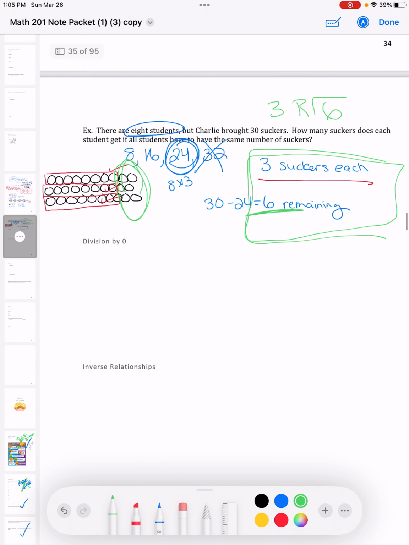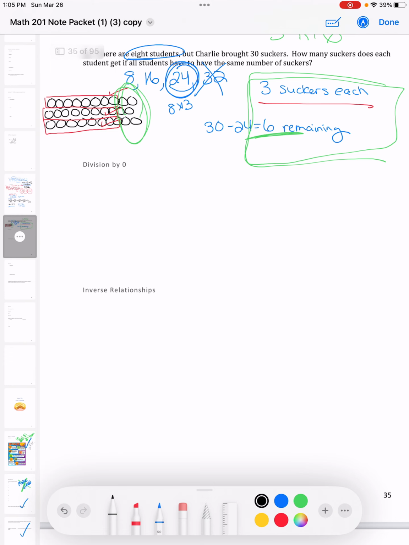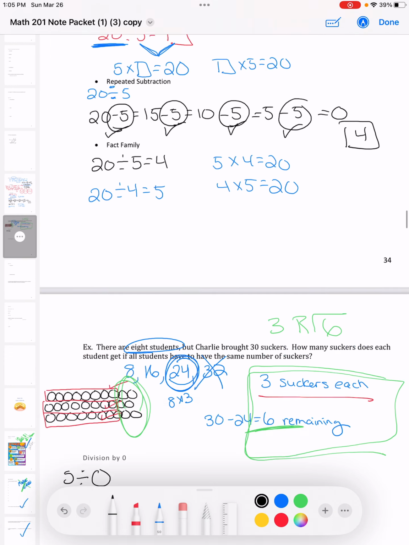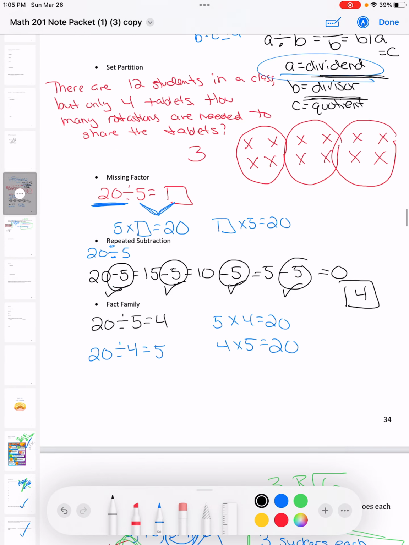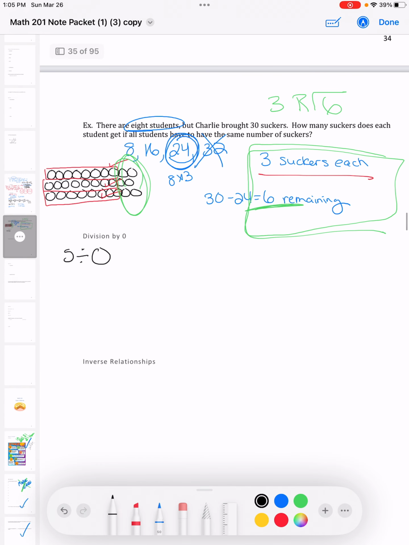If I'm dividing with 0, there are 3 different possibilities. I could have that 0 as my divisor, as my dividend, or as both. And you could really have any number in the place of that 5. I'm just going to choose a number to make it realistic here.